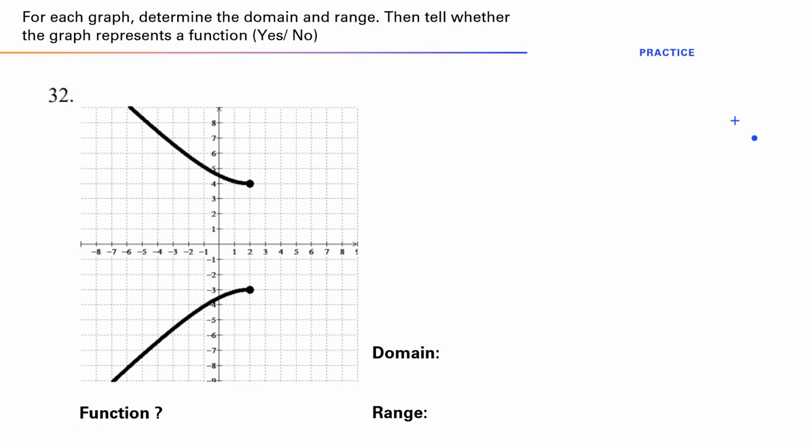Number 32. Okay, so for the domain, this one will run forever to the left, so that will be negative infinity, and then comma. The most right is right here and right here. That is value 2. So that 2 is included because that is the filled circle, right? So that's a bracket. Now range. For y, it runs forever, right? For down, it runs forever down. So that's negative infinity, then comma.